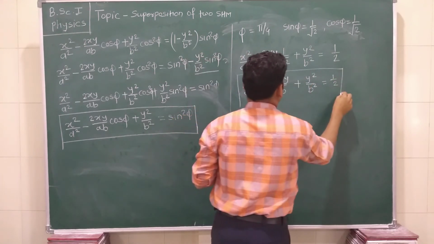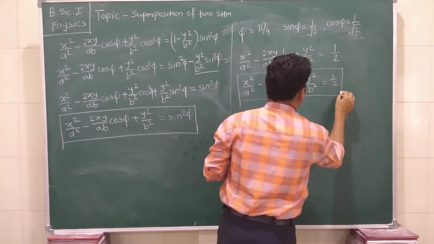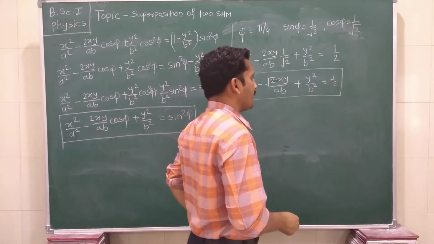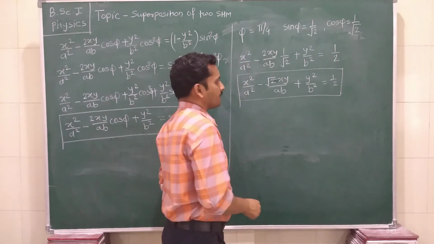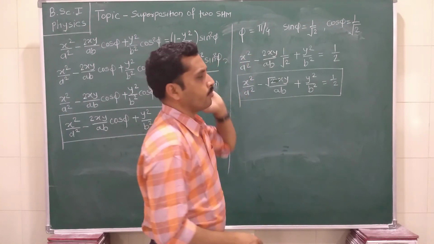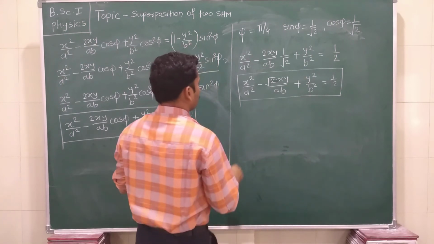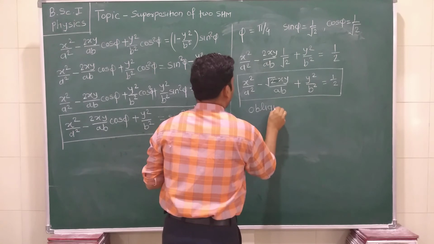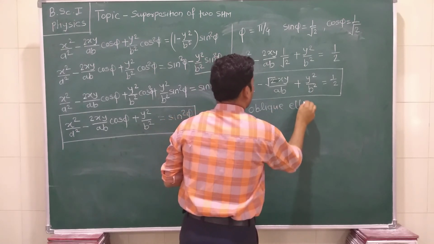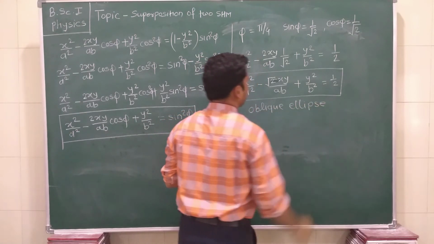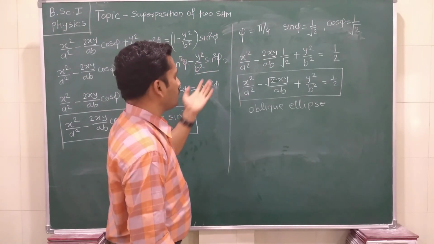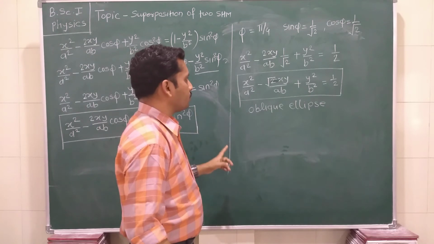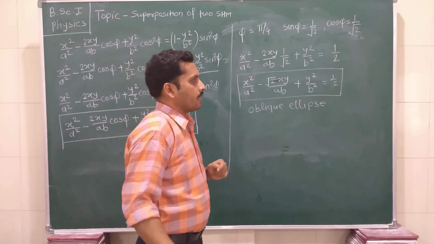This equation represents an oblique ellipse, which is inclined with the x-axis at an angle of 45 degree. So when the phase difference is equal to π/4, the path followed by the particle after superposition is nothing but an oblique ellipse.